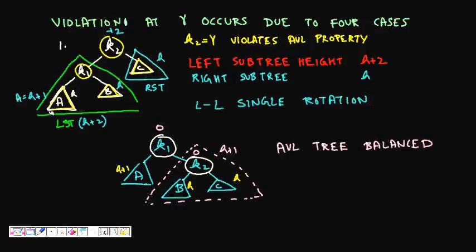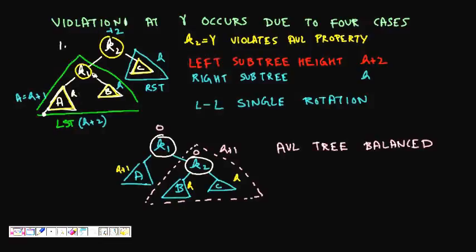But if you add something else here, A's height will become h plus 1, and the total height of the left subtree of k2 will become h plus 1 plus 1, which means h plus 2. The right subtree of k2 is just h, so the difference is 2, it is now not balanced, and the AVL tree property is violated. So how will we balance it?